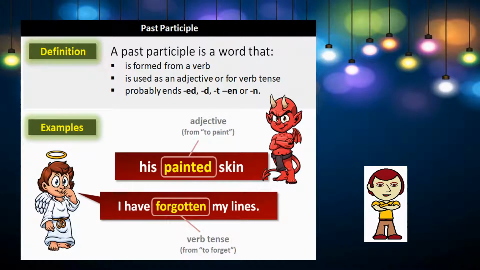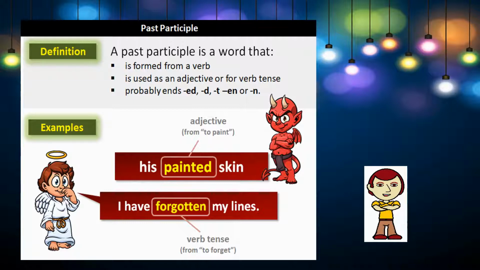Past participle. Definition: a past participle is a word that is formed from a verb, is used as an adjective or for verb tense. Probably it ends with ed, d, t, en or n. Let's see the examples.